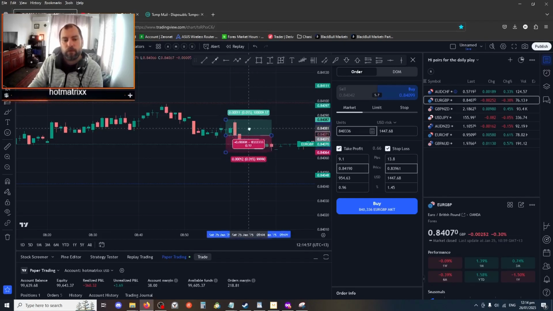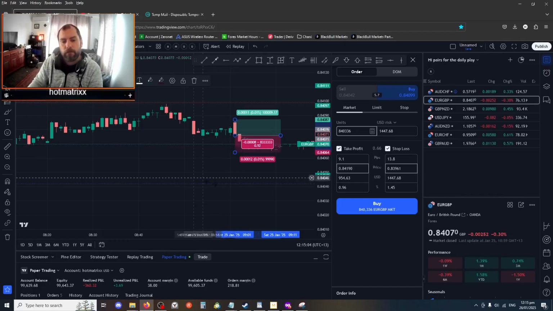And the instant I place this trade, it will just close me out at an instant loss, because I am taking the trade at this point or at this point, and I'm opening the trade at a price larger than my stop loss.